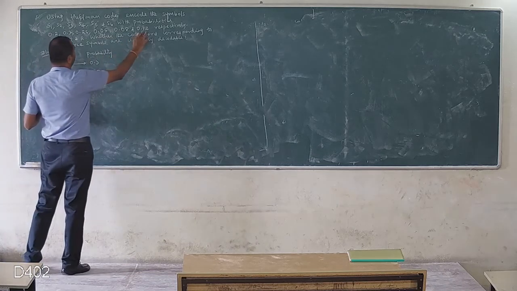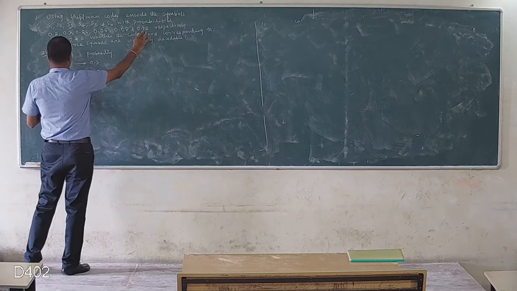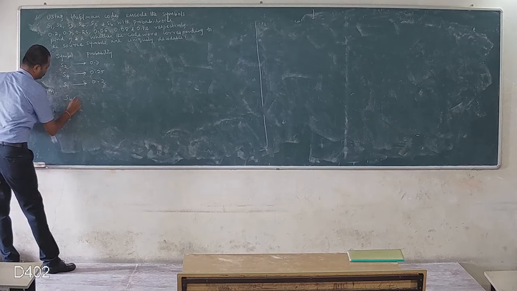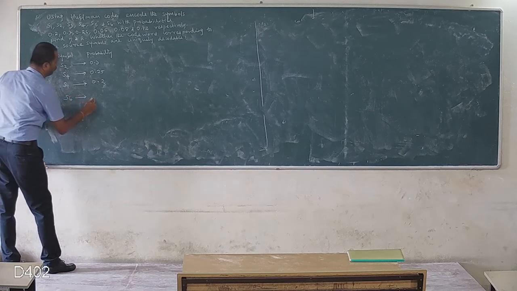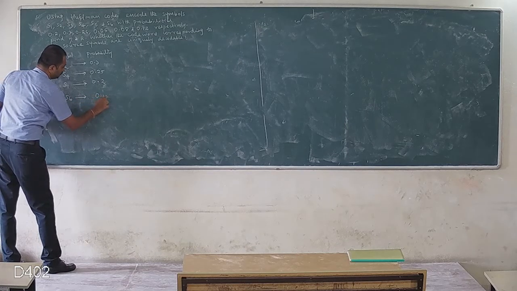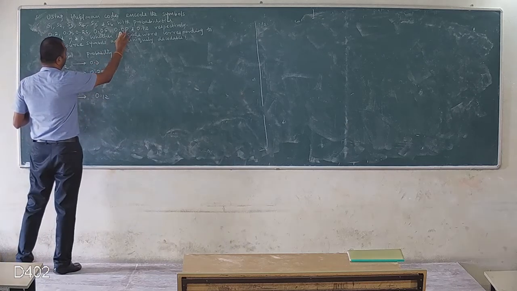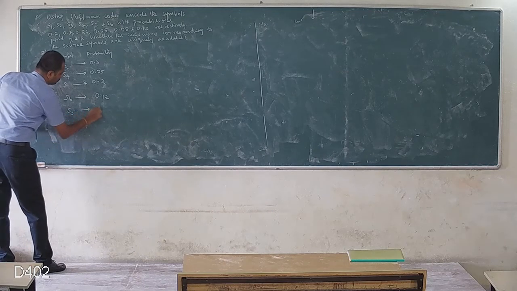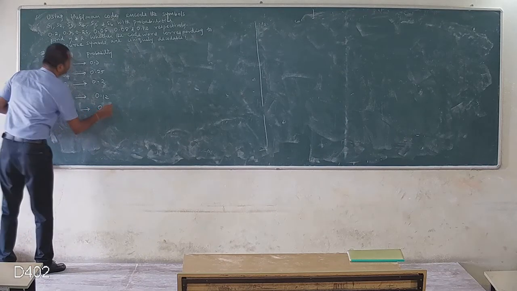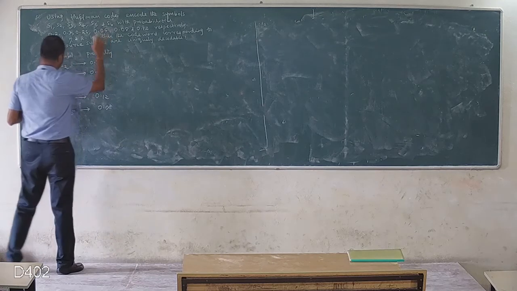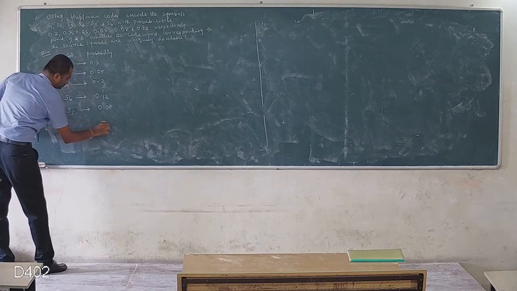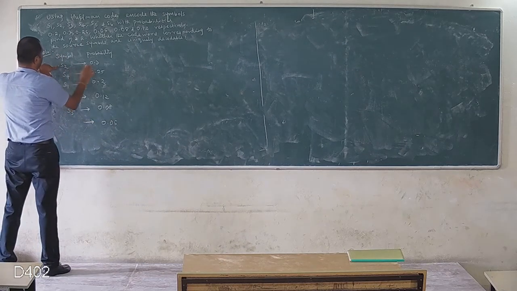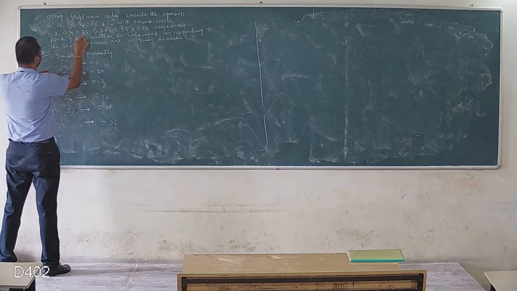Then 0.12, that is S6, followed by 0.08, that is S5, followed by 0.05, that is S4.